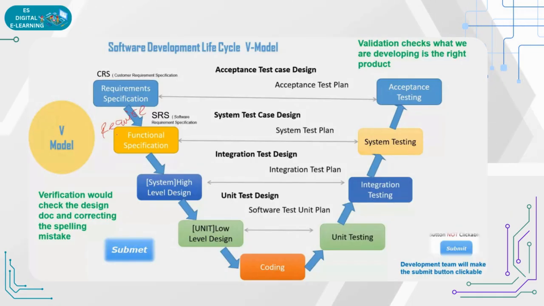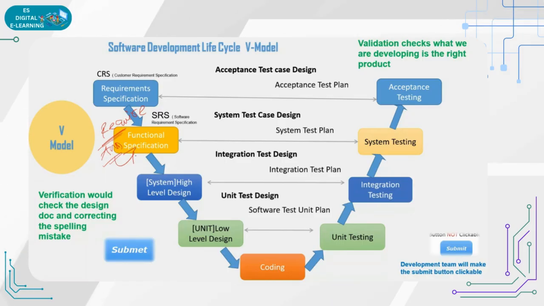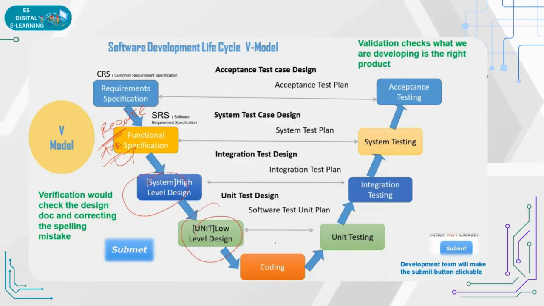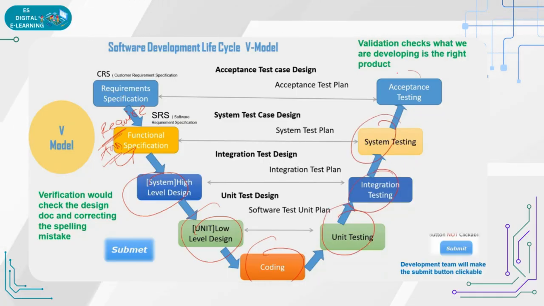Under the requirement analysis we will verify the functionality, what the function is and how we need to do it. Then high level design, low level design, coding, unit testing, integration testing, system testing, acceptance testing. You need to correct this when you are writing. So this is the requirement analysis, and you can write it like that.